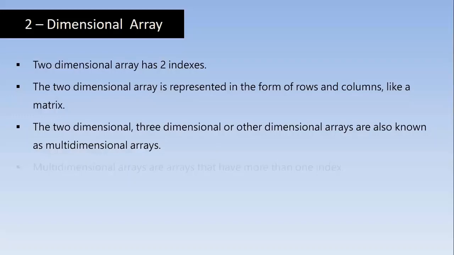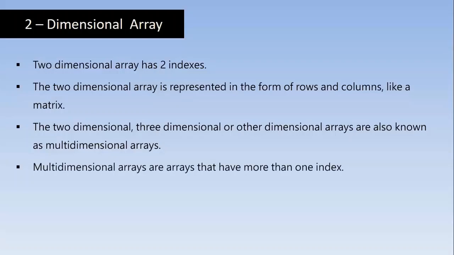Two-dimensional, three-dimensional or other dimensional arrays are also known as multi-dimensional arrays, right? If you are using only two indexes with the array variable, that's called a two-dimensional array, and you can also have multi-dimensional assigned to an array. So multi-dimensional arrays are arrays that have more than one index, right?